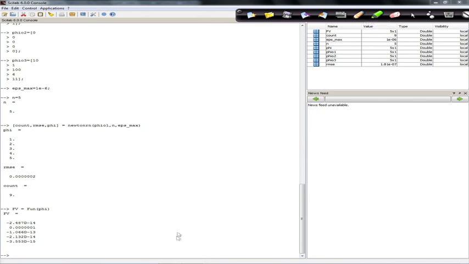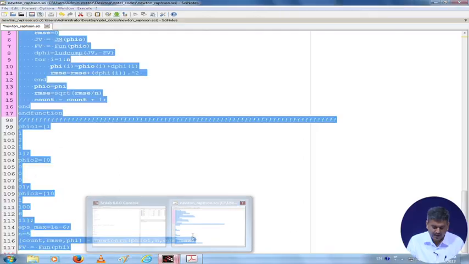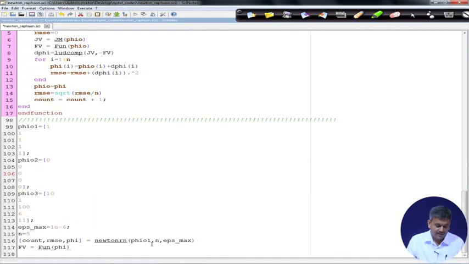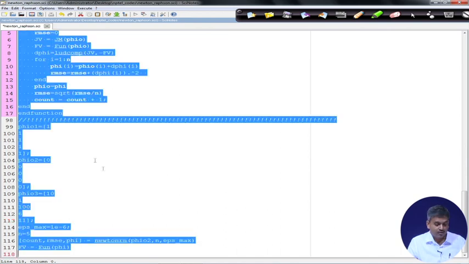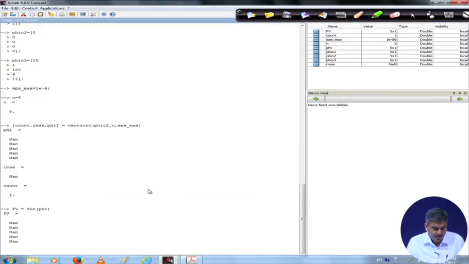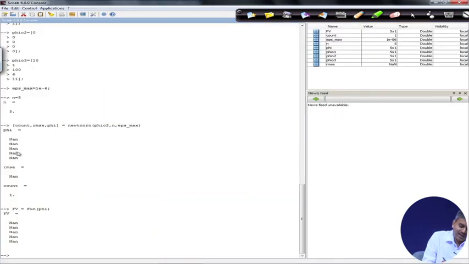But let us see what happens if we change the initial guess. Let us say all initial guess values are 0, or phi O2. In this case, if you evaluate it, we are getting NaN.